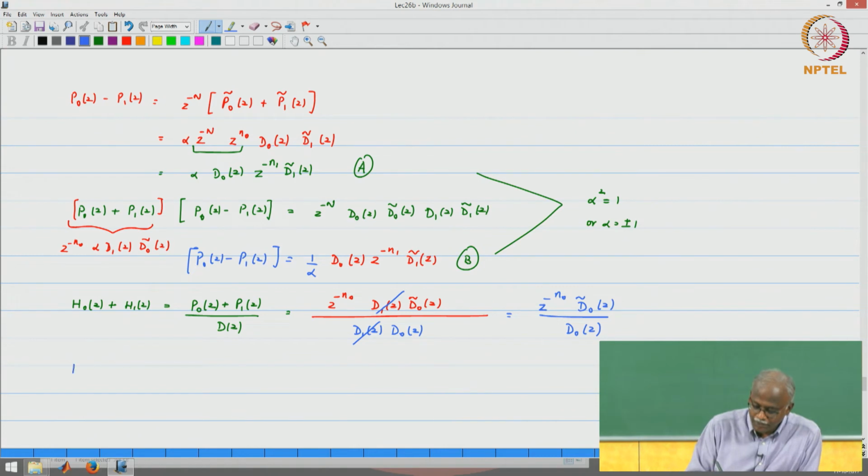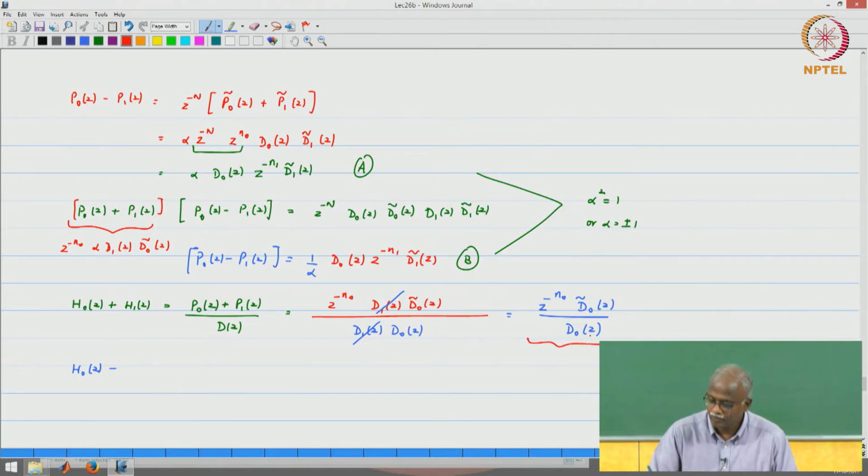Likewise, please verify that h naught of z is an all pass function. Okay.